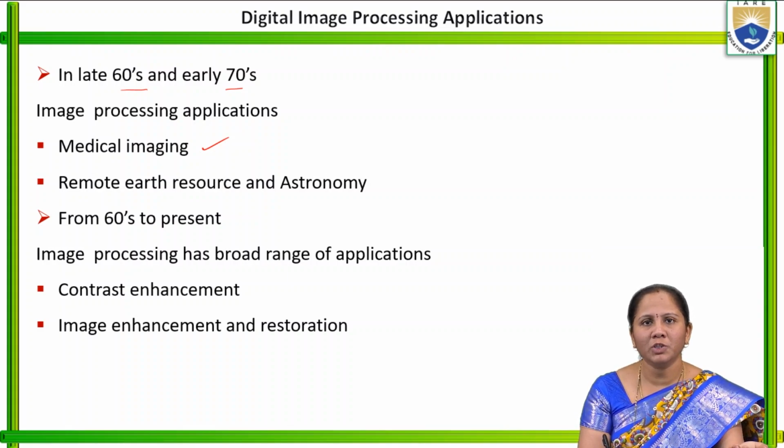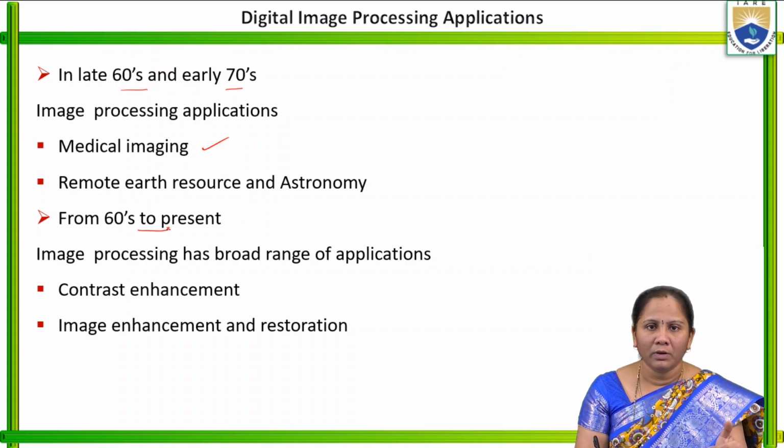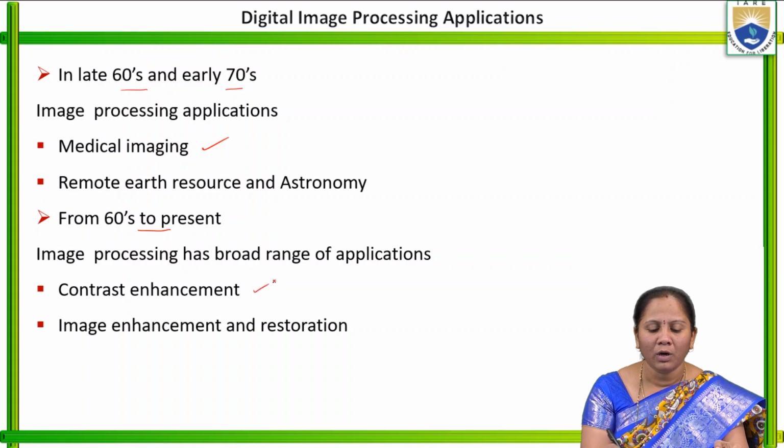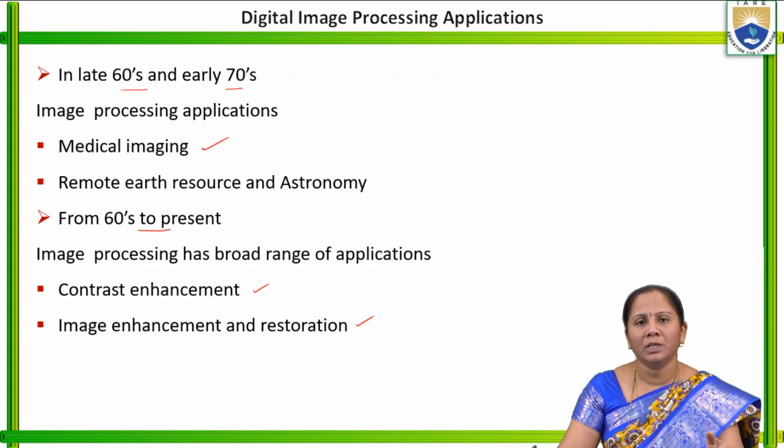From the 60s to the present, image processing techniques have been used for contrast enhancement, image enhancement and restoration. So this is how digital image processing developed from a low level to a high level.